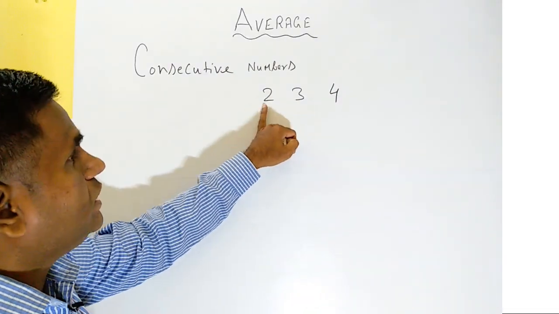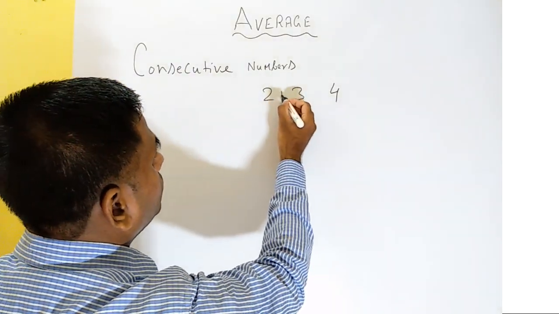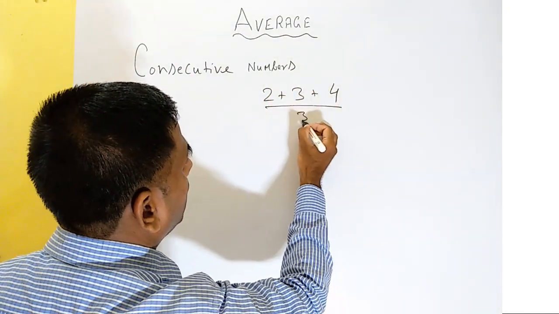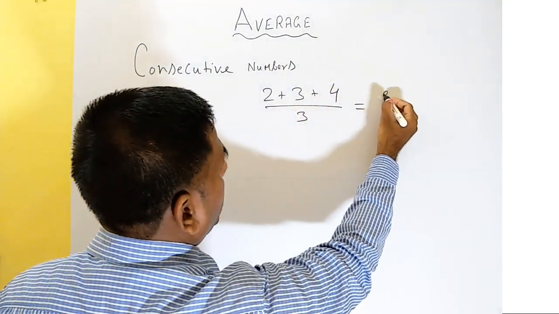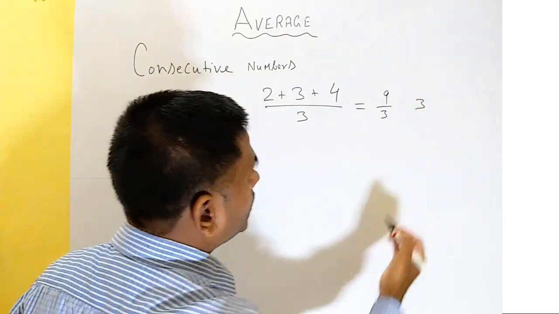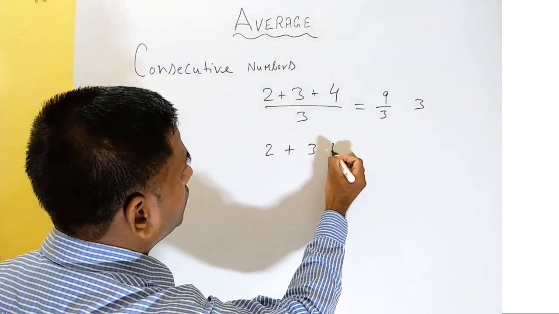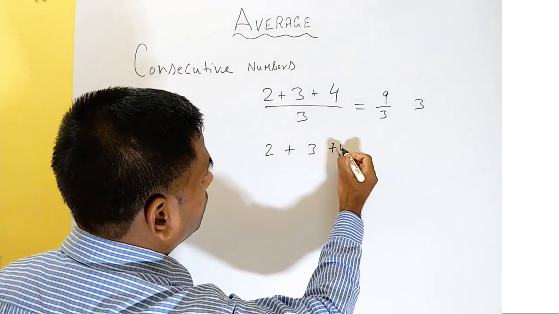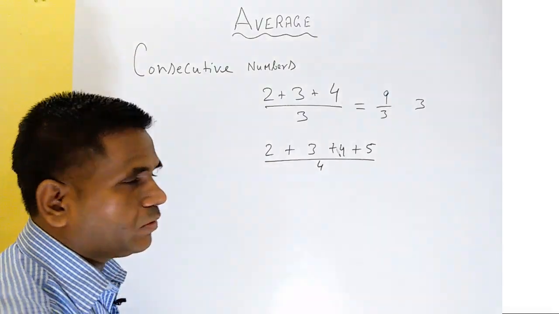Here if you see the count of this number is odd. So if you add this and divide by 3, what is the answer friends? It will become 9 by 3, which is 3. Now let us solve 2, 3, 4, 5, divided by 4.